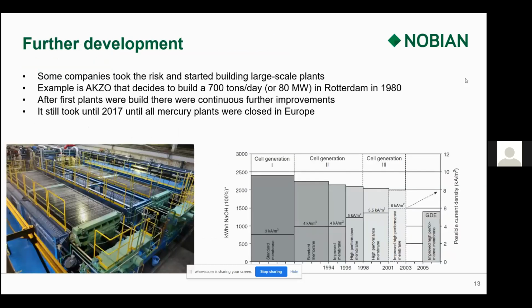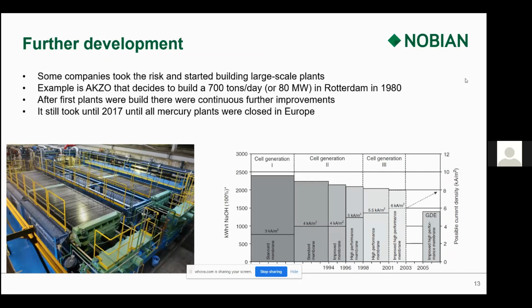Then it continued, and some companies basically took the risk and started building large-scale plants based on this membrane technology. One of them was AKZO, which is basically the predecessor of Nobian and Nouryon in our field.